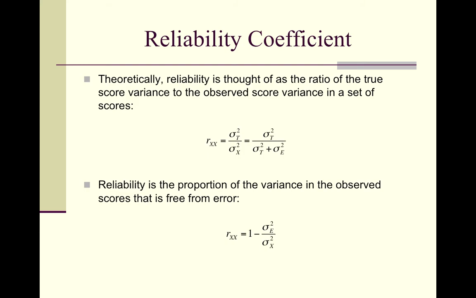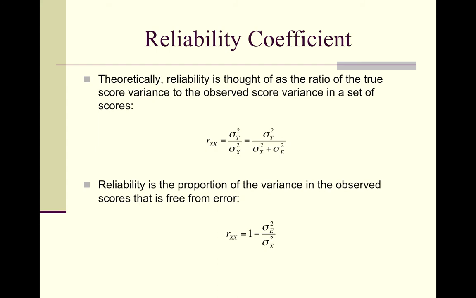Reliability coefficient. Theoretically, reliability is thought of as the ratio of the true score variance to the observed score variance. When I first look at sigma squared T divided by sigma squared X, I think, wait a minute, how do we know that the variance in the true score isn't going to be higher than the observed score, which gives us a correlation greater than 1, which is problematic?